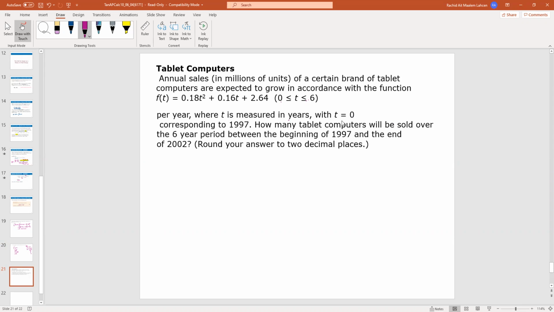So how many tablet computers will be sold over the 6-year period between the beginning of 1997 and the end of 2002? Read it, check it, annual sales in millions of units. Look at the question: how many tablet computers will be sold over the 6-year period? So the accumulation, right?